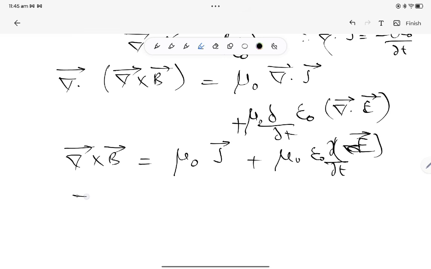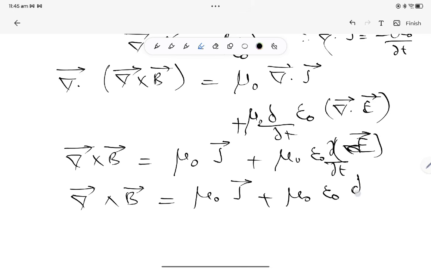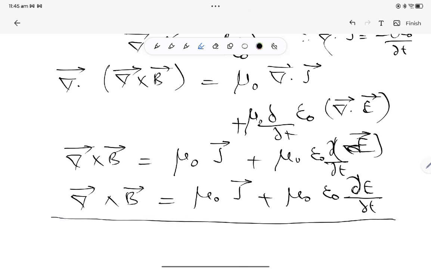That gives us finally del cross B is equal to mu naught J plus mu naught epsilon naught del E by del t. This final equation does not have that flaw which Ampere's law alone would have.